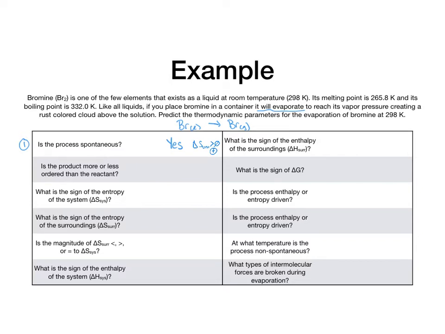This also means that we know the sign of delta G, because this reaction is spontaneous at the temperature we're talking about, 298, so the sign of delta G is going to be negative.